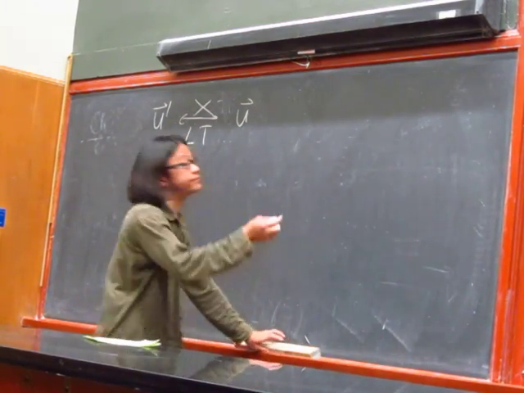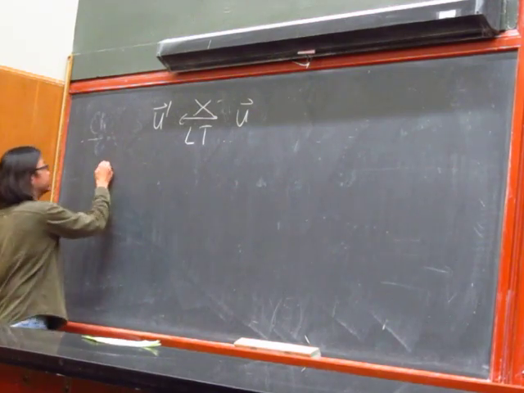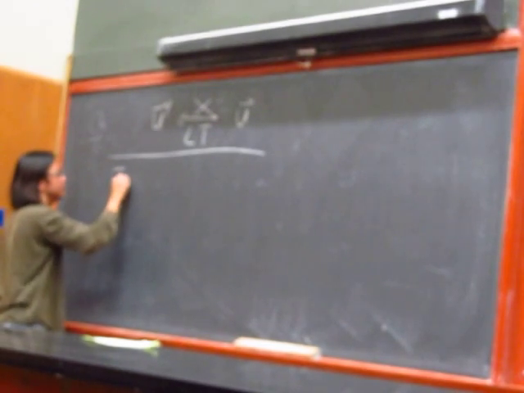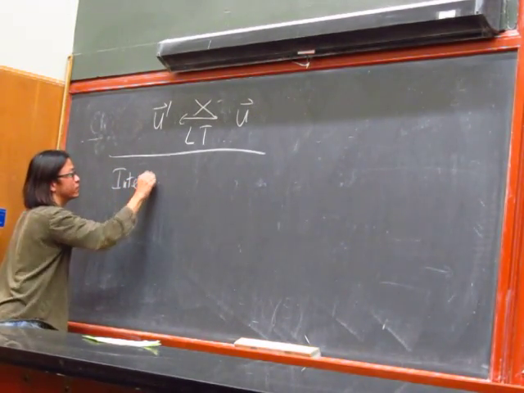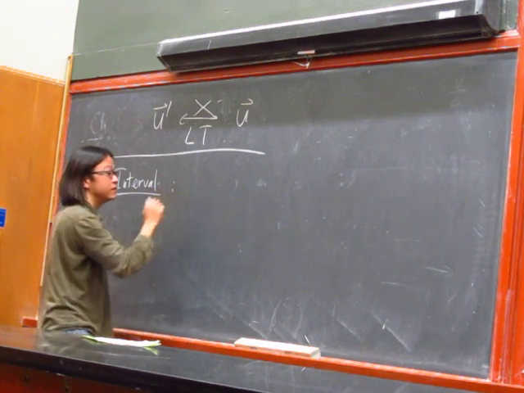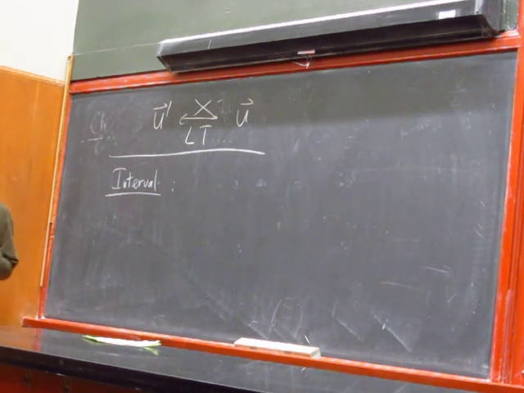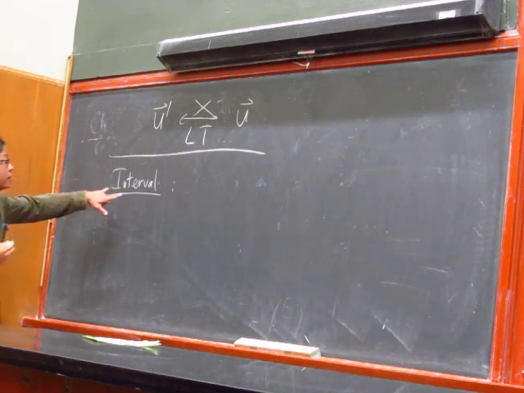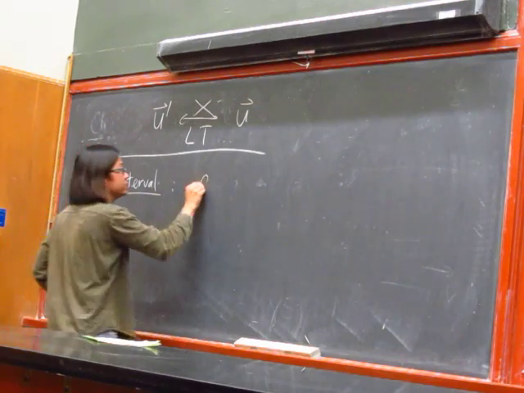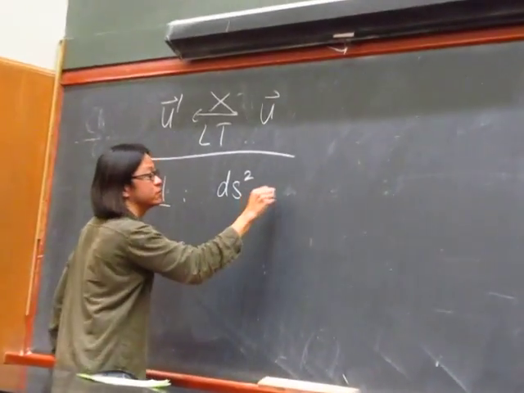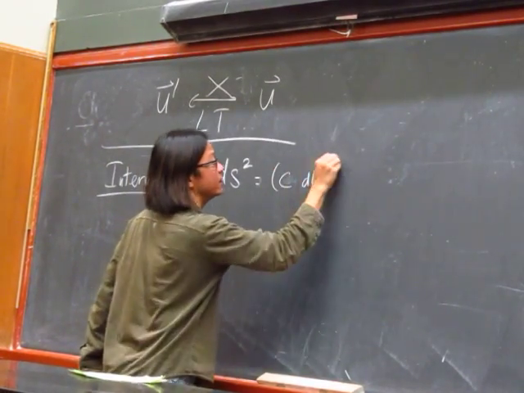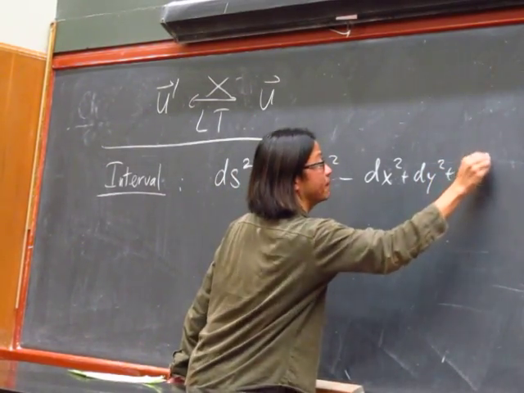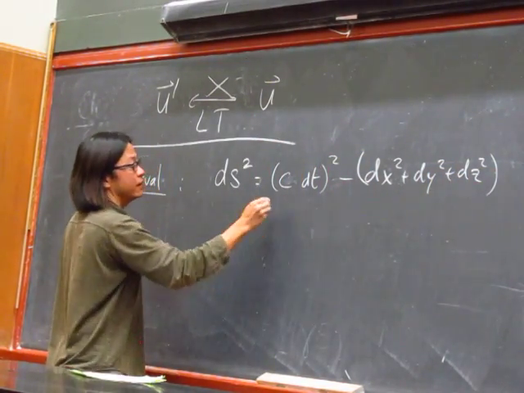And also, from the formula for the Lorentz transformation, I talked about this a little bit in the discussion. This is the concept of intervals, which for Euclidean geometry is just the distance. The distance is always independent of frames, right? But in special relativity, it's actually the concept of interval, which is given by ds squared equals c squared dt squared minus dx squared plus dy squared plus dz squared.